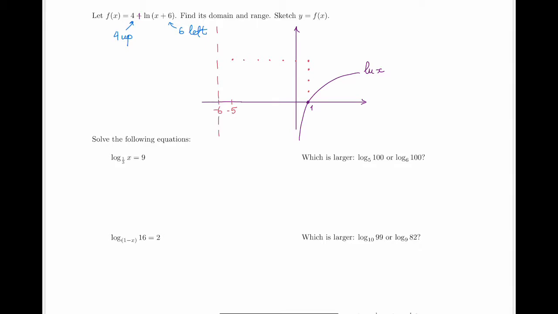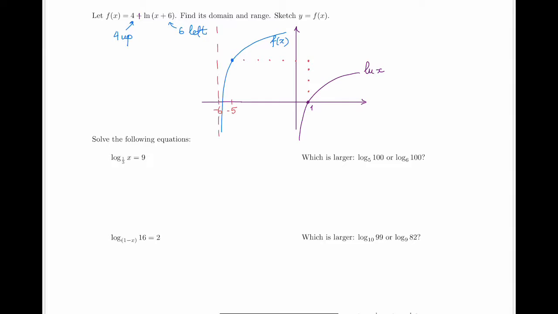And the point that corresponds to this crossing has now traveled up here, so it's the point over here. So my new graph is going to have to go through this point, approach this new line as the asymptote, and then continue growing. So this is my function f of x.